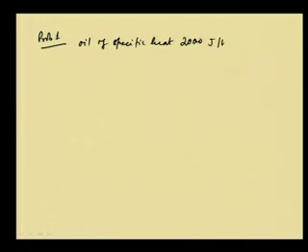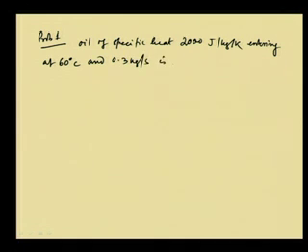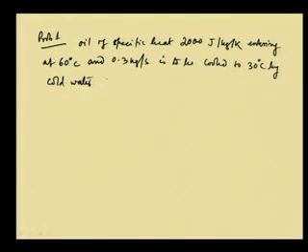Now, we will take up a small problem. The problem says: oil of specific heat 2000 joule per kg per Kelvin, entering at 60 degree centigrade and 0.3 kg per second, is to be cooled to 30 degree centigrade by cold water in a parallel flow heat exchanger.